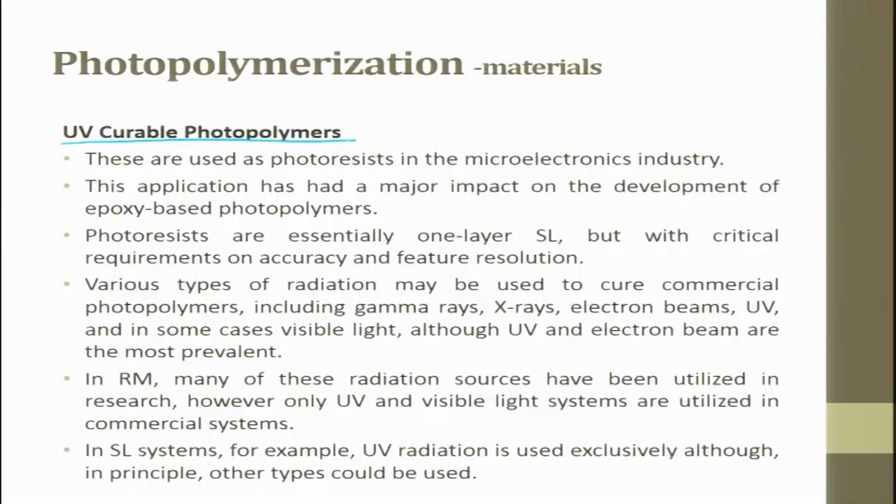UV curable photopolymers. We are now going to talk about materials more. These are used as photoresists in the microelectronic industry. Anything which happened there, there was a parallel track, as I told you, cut and paste technology. There were a lot of things happening in the electronic industry.